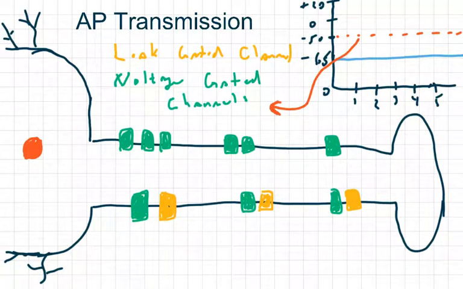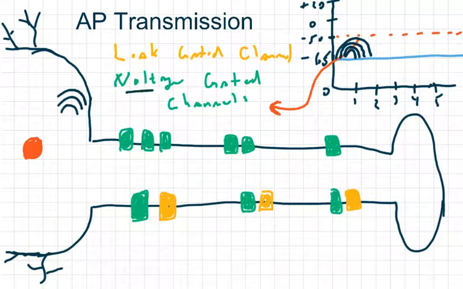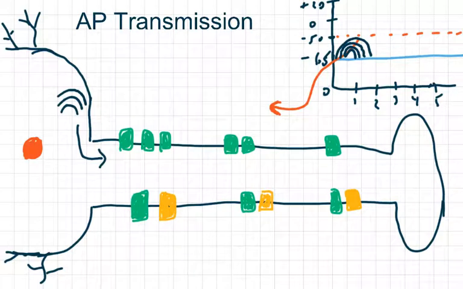And so when we have enough summation of excitatory stimuli that occurs in the soma right before the trigger zone, and it reaches this threshold value of negative 50 millivolts, it will open this voltage-gated ion channel.